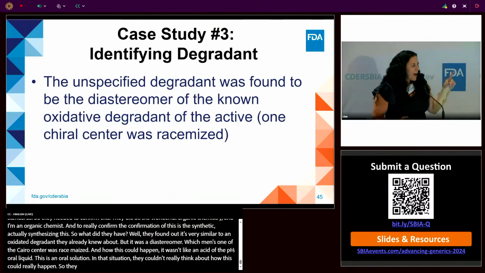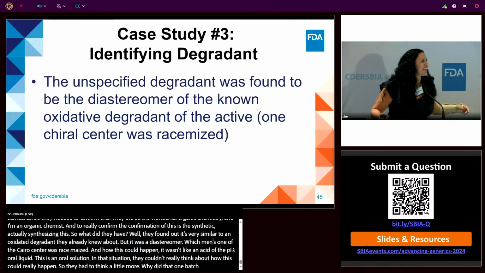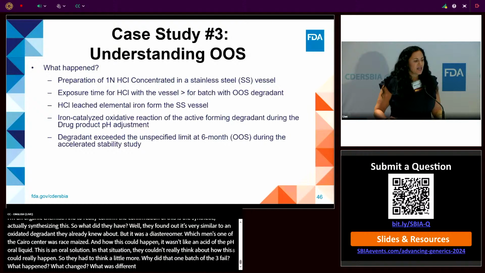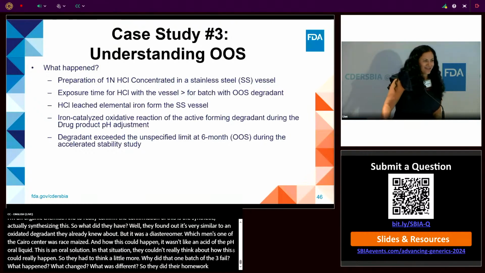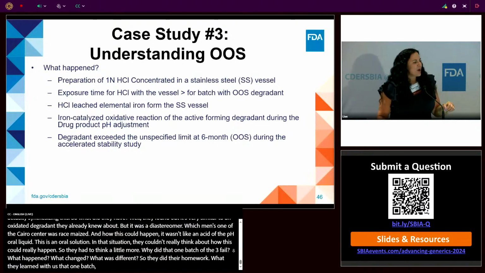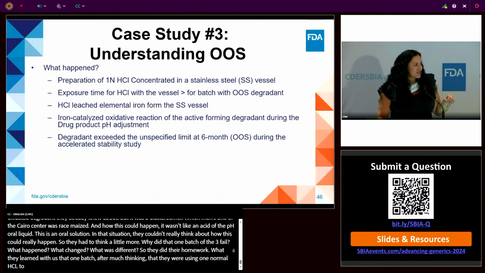Why did that one batch out of the 3 fail? What happened? What changed? What was different? So they did their homework. What they learned was that one batch, after much thinking, they were using one normal HCl to adjust at the very end of that drug product formulation.